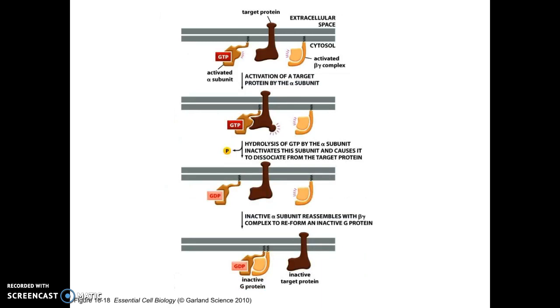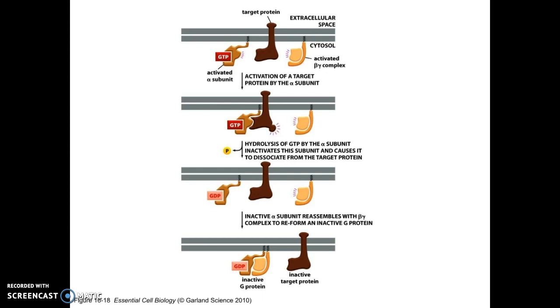So what could that something else be? Well, let's take, for instance, another enzyme. So you got some kind of enzyme that the activated G alpha subunit may go and turn on, and then while the G alpha subunit is bound to it, this enzyme is on.